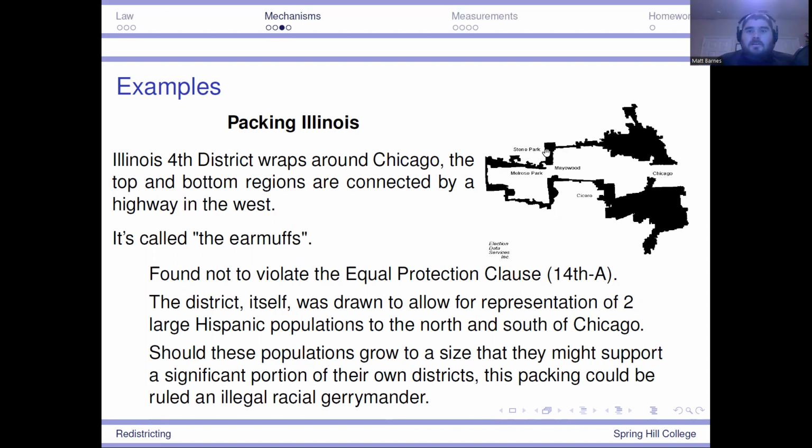In this case, they are linked by this area here, and so this allows the representation of these 2 Hispanic groups. Now, if one of these populations, either to the north or the south, were to grow to the size that they might support their own district without being connected like this, then this could be ruled illegal racial gerrymandering because you would have one population that could support its own district.